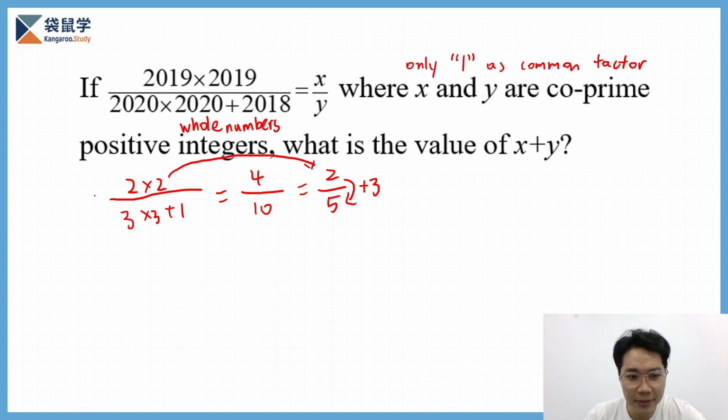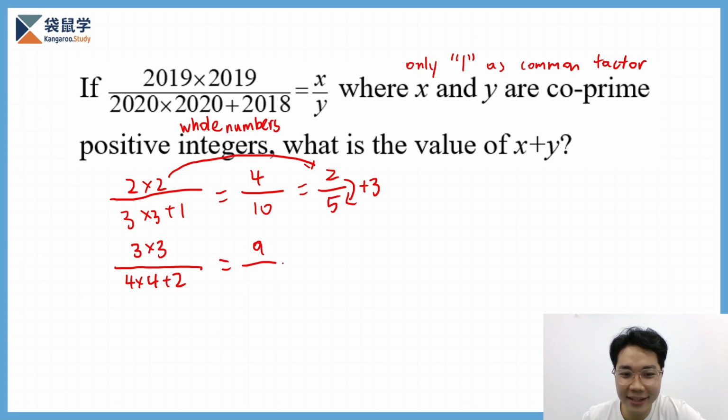But, is this always the case? Let's check with the next one. The next number will be 3 times 3. And this time, the next one should be over 4 times 4 plus 2. The numerator will be 9 and the denominator will be 18. And of course, this one we can also simplify to 1 over 2. But this time, the numerator is not the same, right?